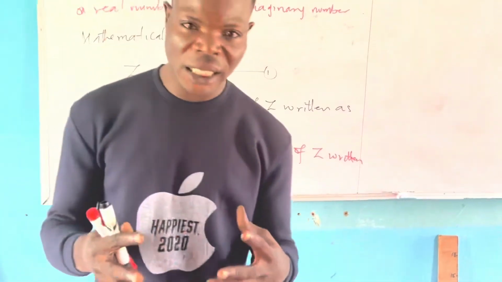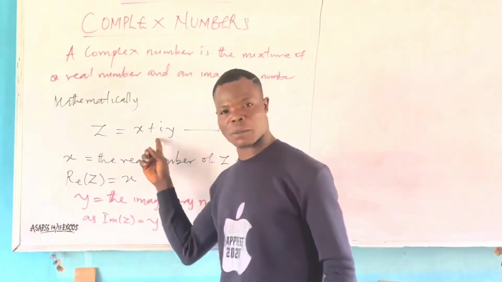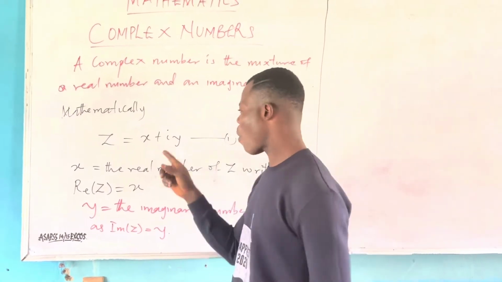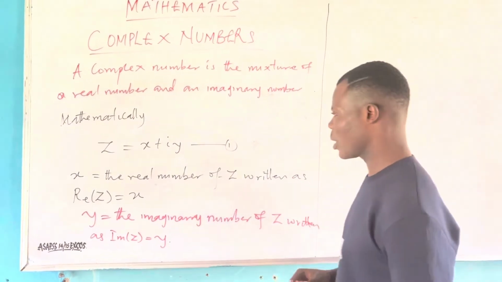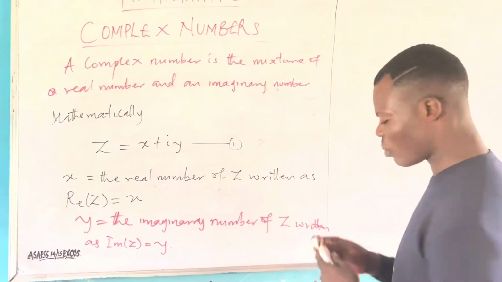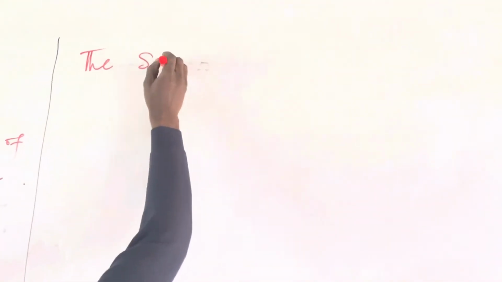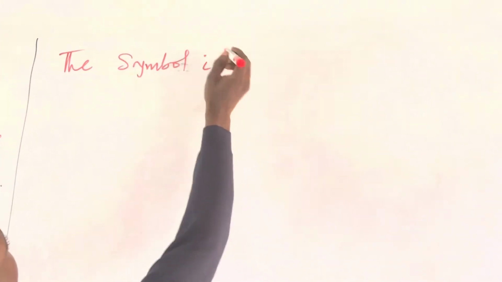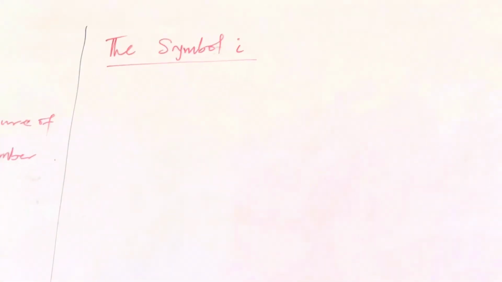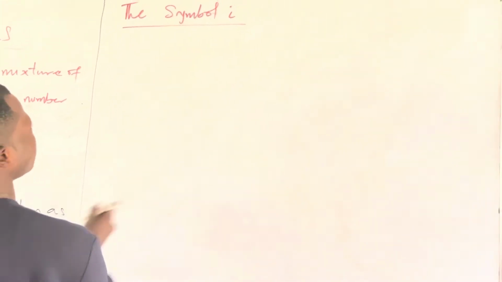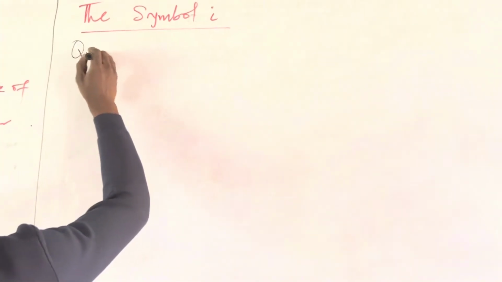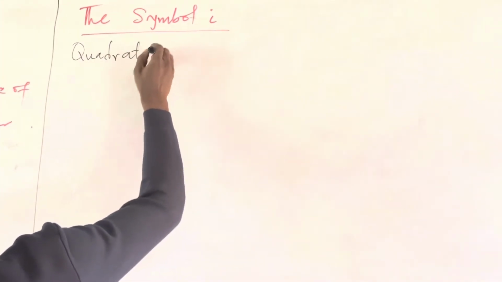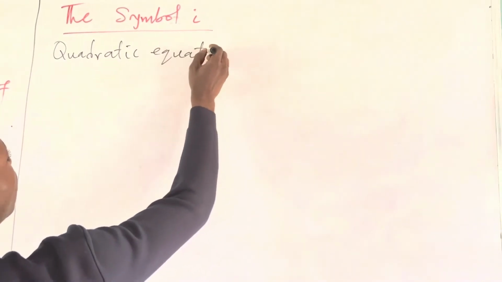For us to understand this better, let's explain this symbol i, or it can also be j. Let's consider a quadratic equation.